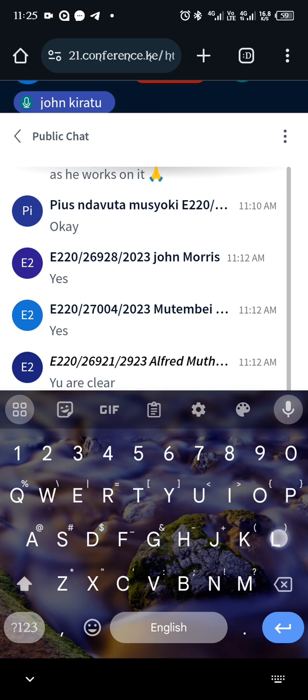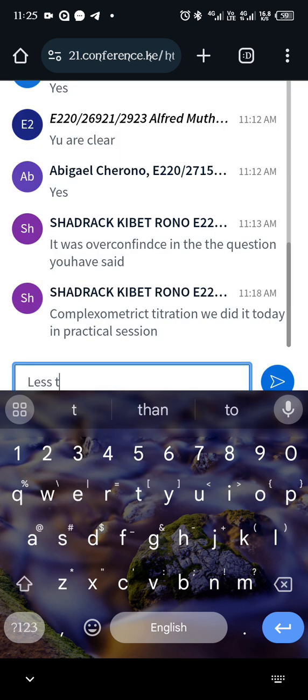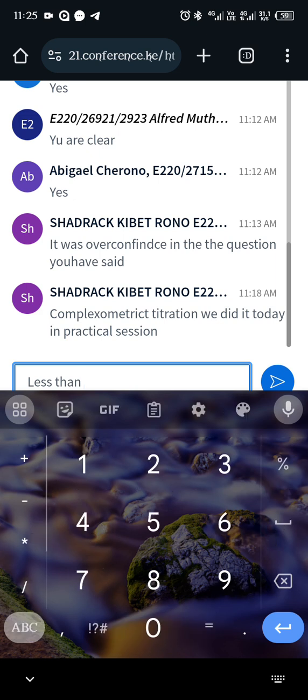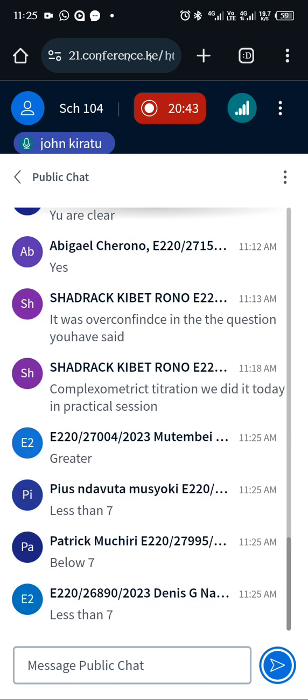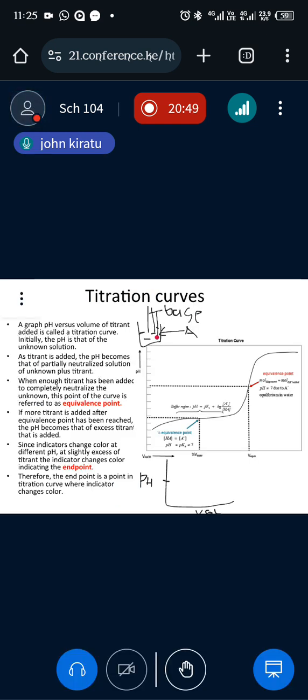Kindly be fast. The pH meter is in the solution which is acidic. Yeah, people were saying less than 7. Actually, because it's an acid, it will be less than 7.